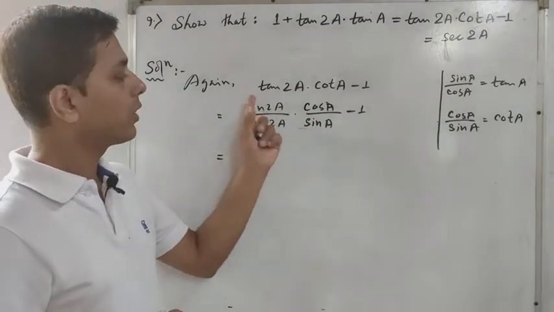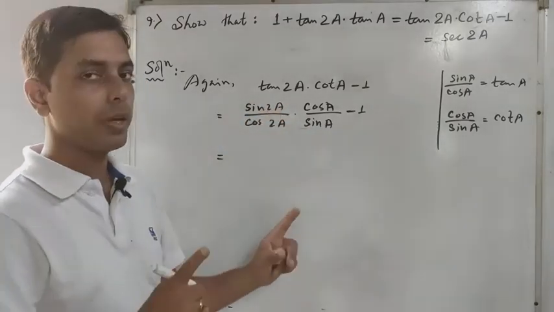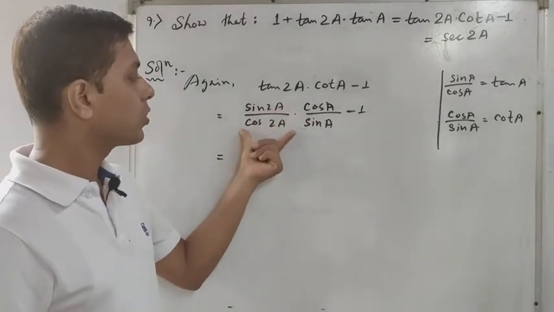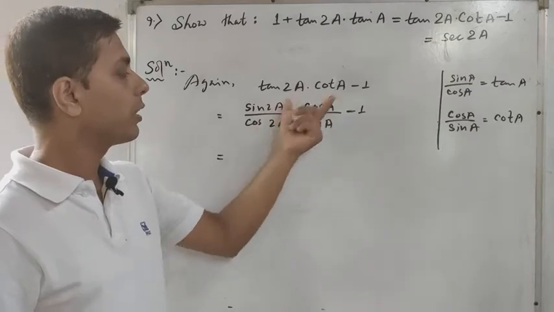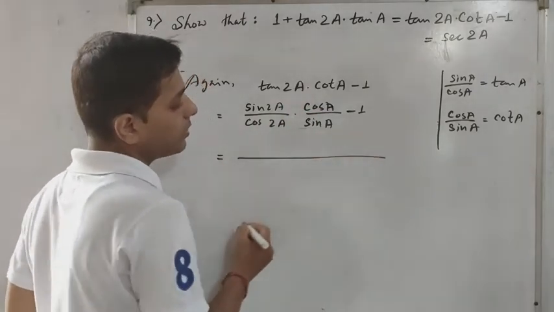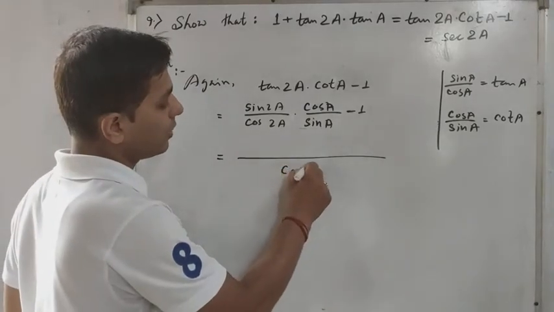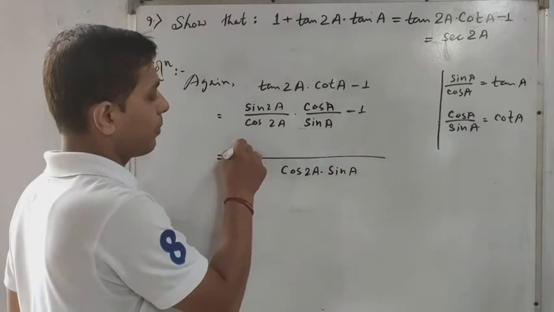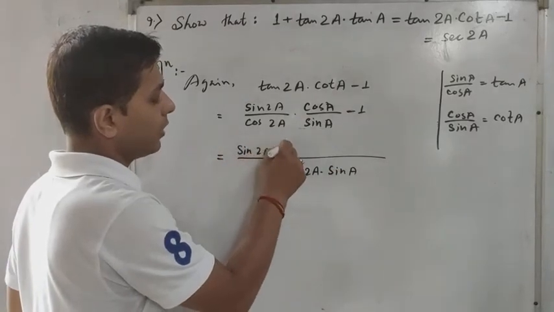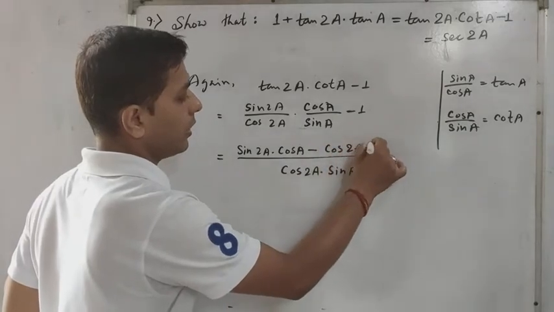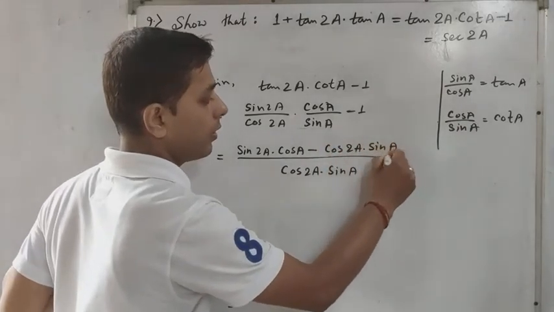These are angles, angles cannot be cancelled or divided, and this is cos twice a and that is cos a, so let it be. Now take the LCM. If you take the LCM at this stage, the denominator will be cos twice a into sin a. The numerator will be sin twice a into cos a minus cos twice a into sin a.